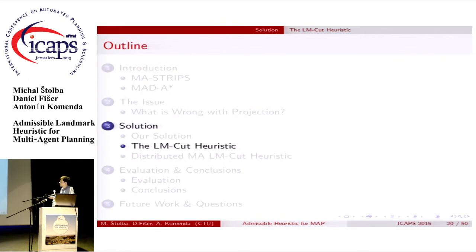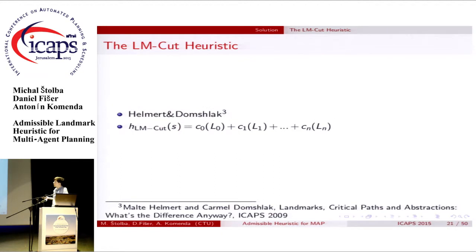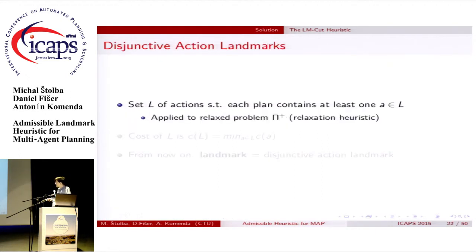So we have chosen the LM-cut heuristic as the admissible heuristic, which is a heuristic by Malte Helmert and Carmel Domshlak. And the basic idea is that we compute a sequence of disjunctive action landmarks, and we use their cost as a kind of cost partitioning. So what is a disjunctive action landmark?